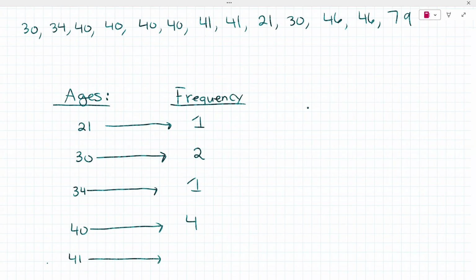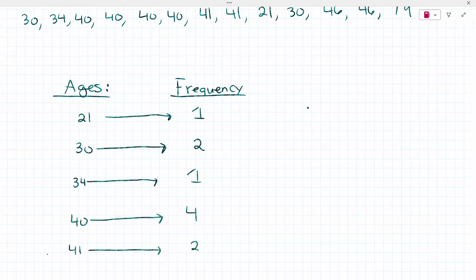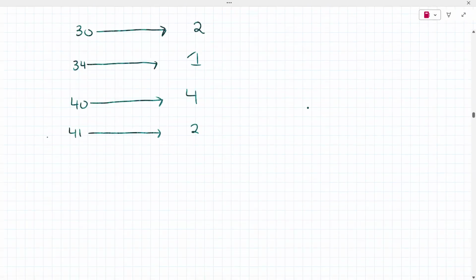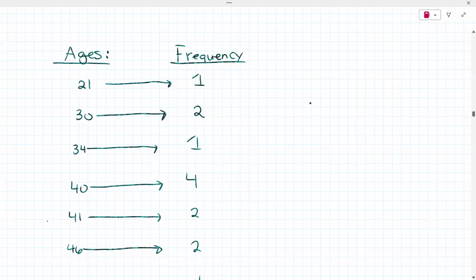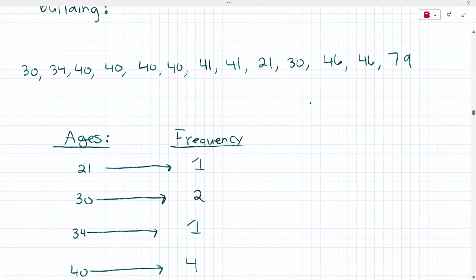That has a frequency of 2. 46, that is a frequency of 2. And then 79 has a frequency of 1. Okay. So this is a frequency table.